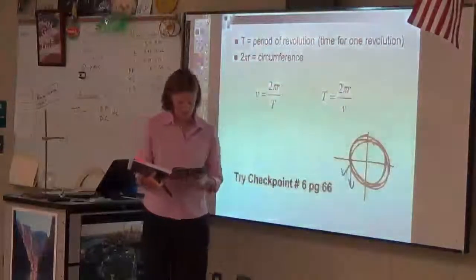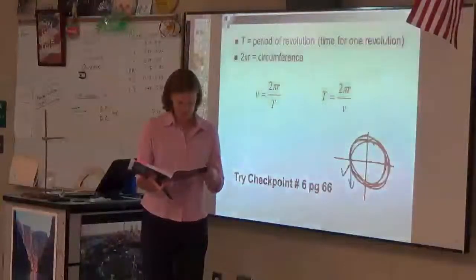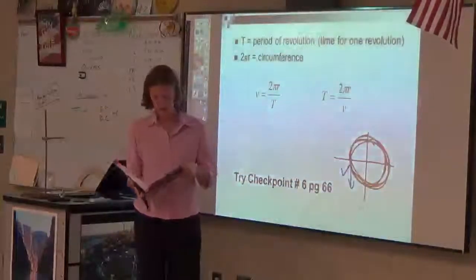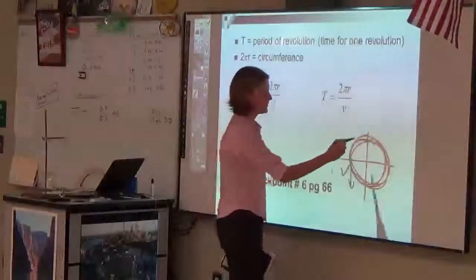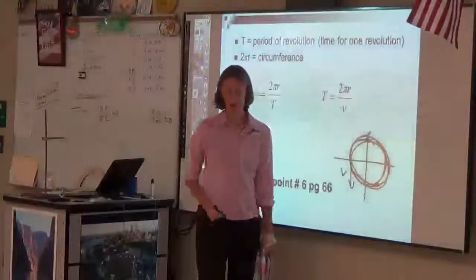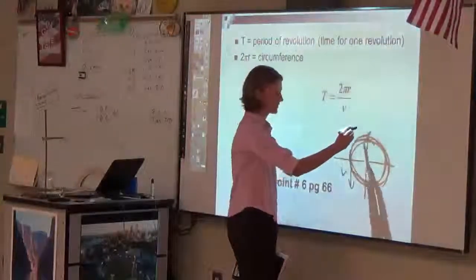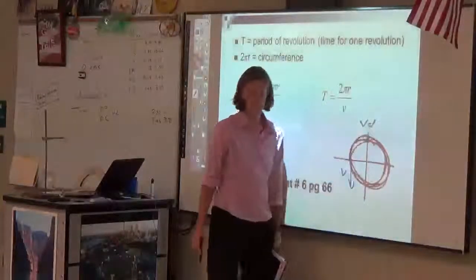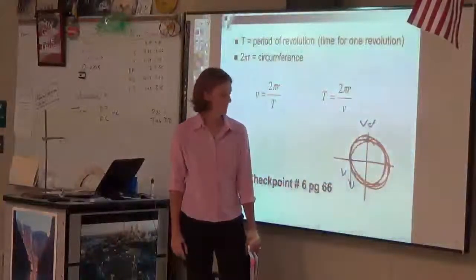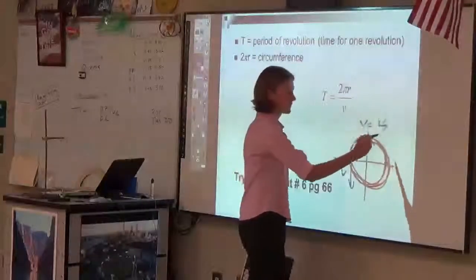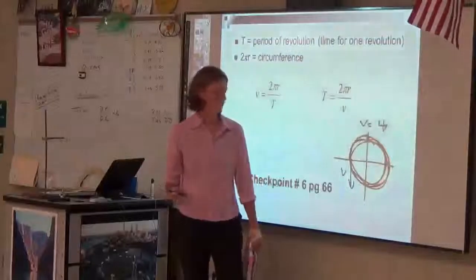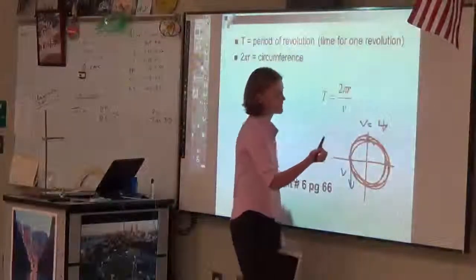All right, give the object's a velocity and b centripetal acceleration at y equals 2. So what would be the velocity at y equals 2? 4 meters per second. Keep going though. Which way?